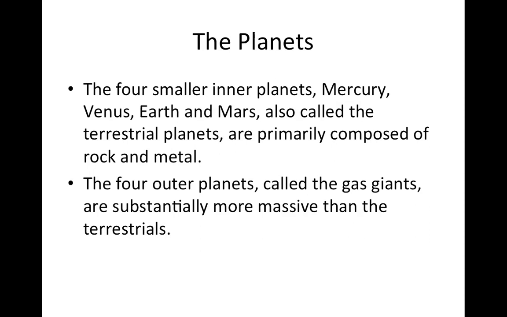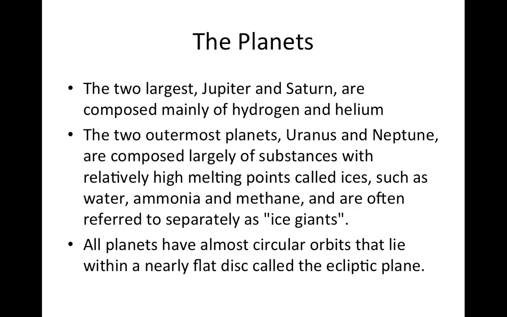The four outer planets are called the gas giants because they're comprised mostly of gases and liquids, and they're actually bigger than the terrestrial planets. Two of those gas planets, Uranus and Neptune, who are sometimes referred to as twins, are called the ice giants.